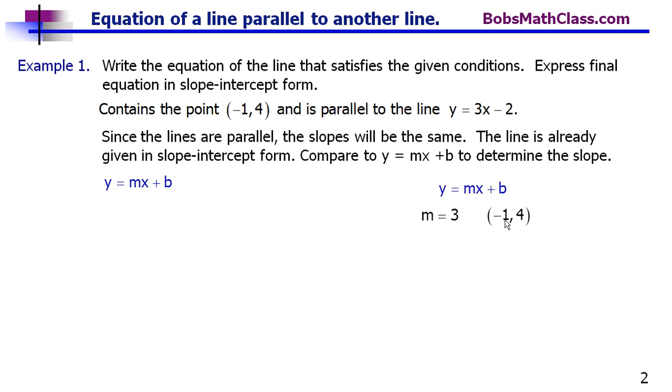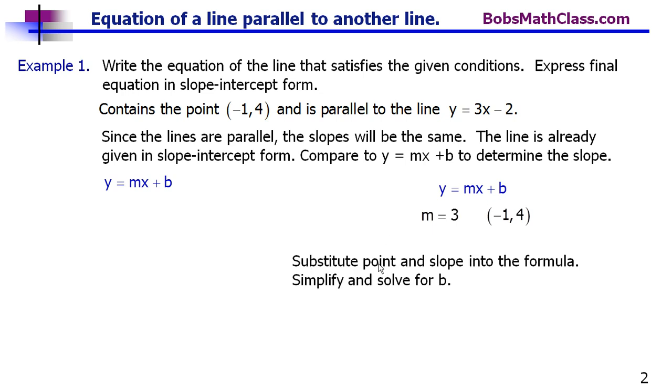We're going to replace this -1 with x and the 4 with y, m with 3, and that'll let us solve for b. So substitute point and slope into the formula, simplify, and solve for b. So 4 for y, 3 for m, -1 for x. Multiply this now. 4 equals -3 plus b.